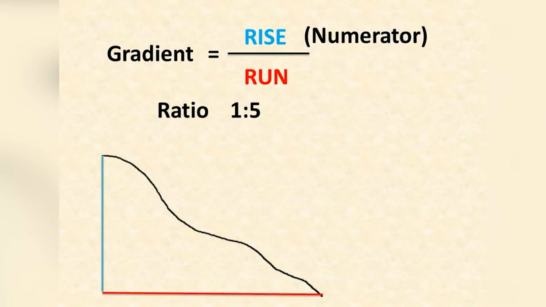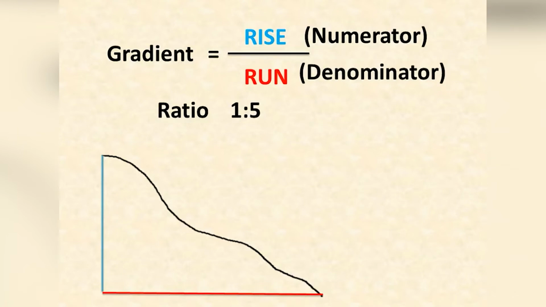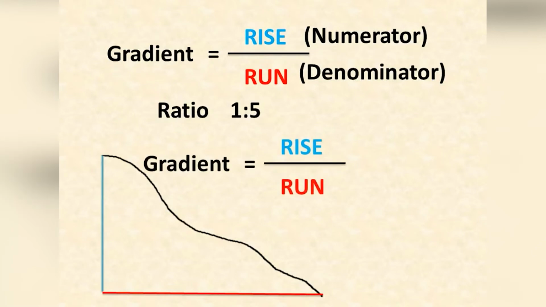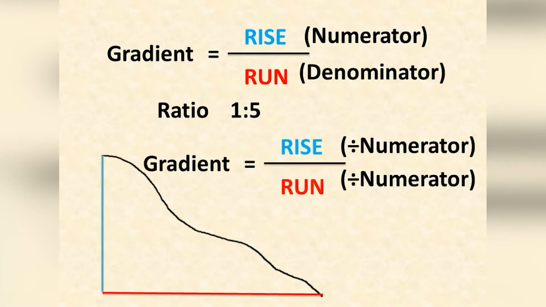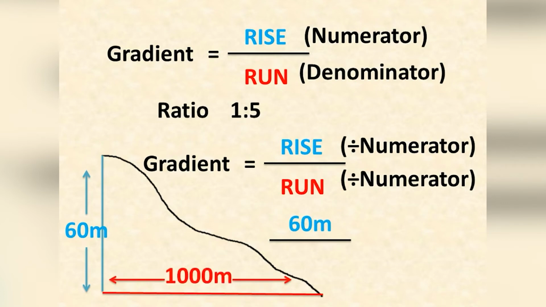Now, we need to bear something in mind, that the rise and the run are set up as the numerator and the denominator. You would know this from maths. In order to get a ratio, we need to divide both the rise and the run by the numerator. Imagine that the rise was 60 meters for this mountain, and imagine that the run was 1,000 meters.